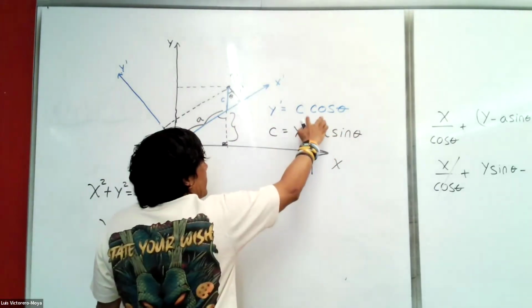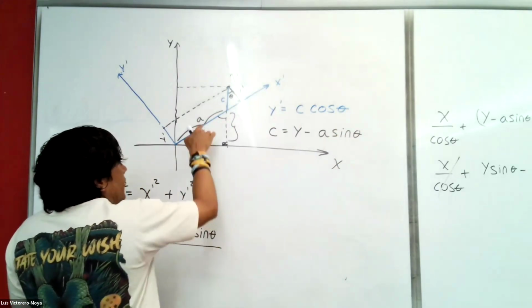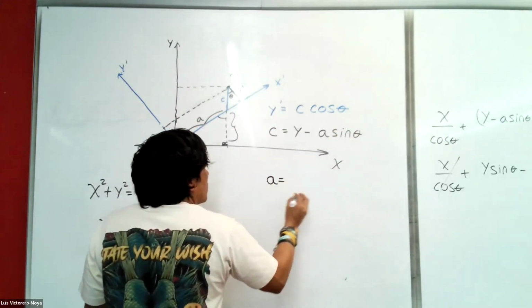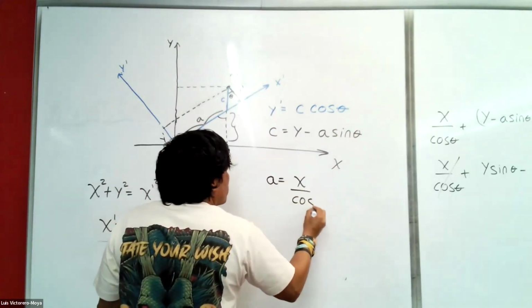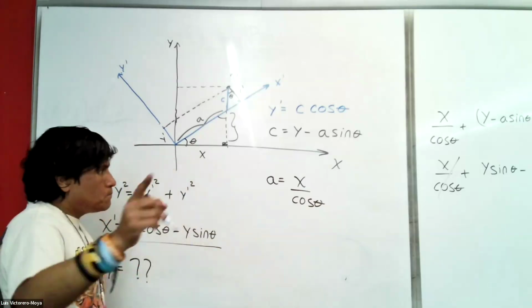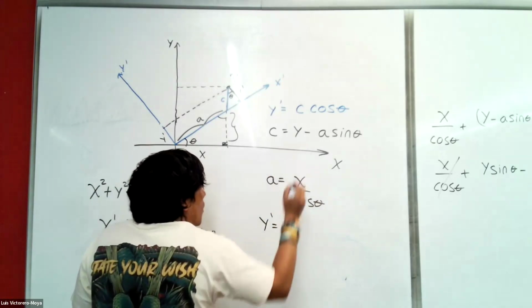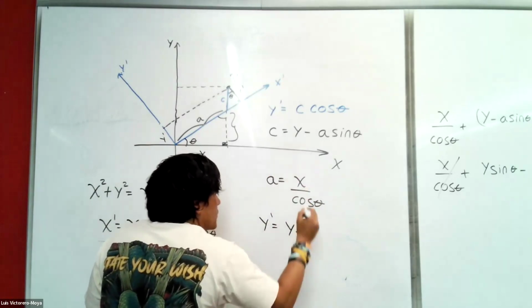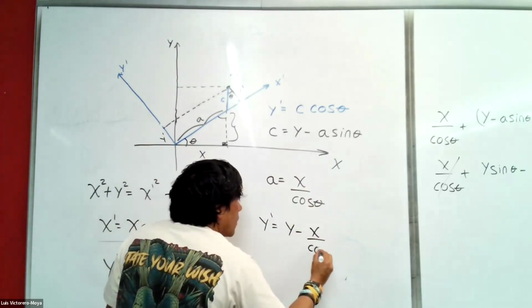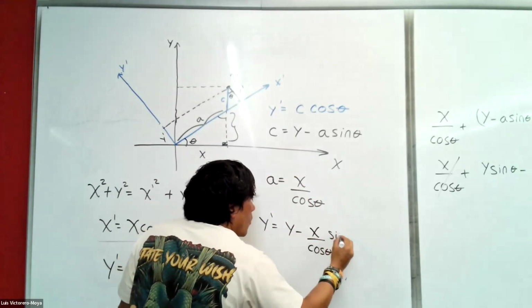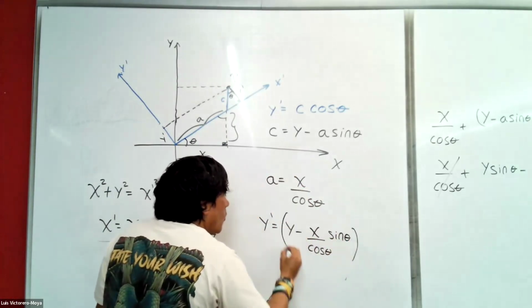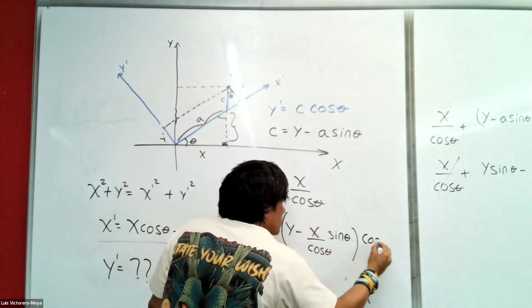So you replace that in here. Now, you also need A, but A is x over cosine theta. That's also in the worksheet. So y prime is y minus A sine theta, all times cosine theta.